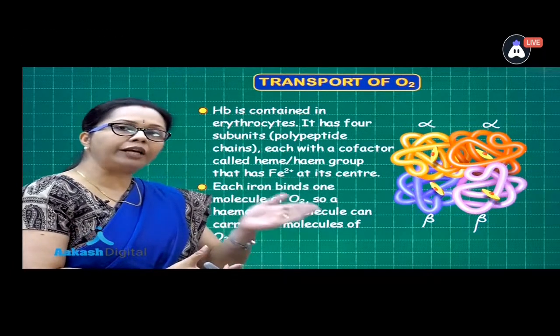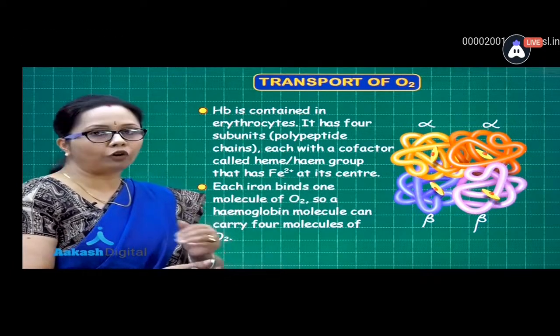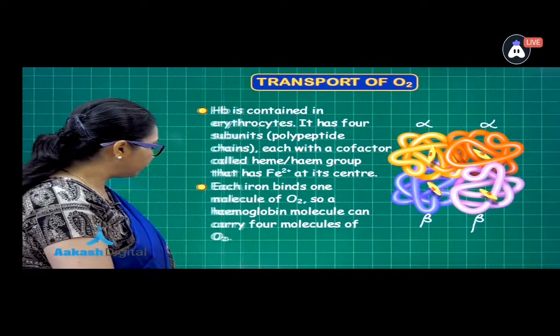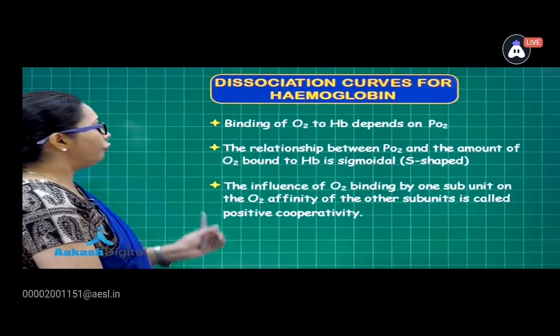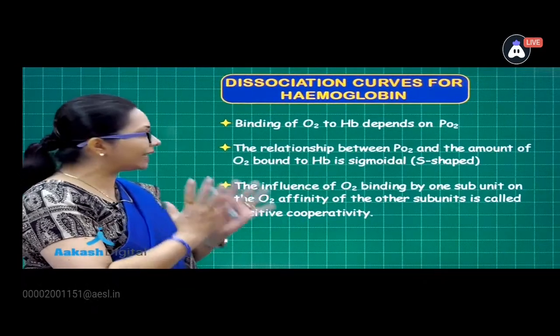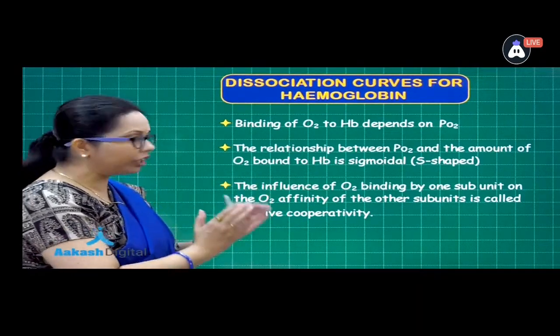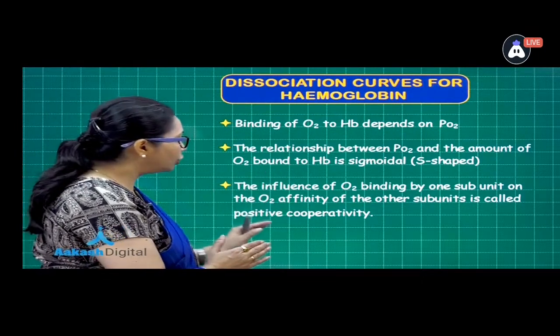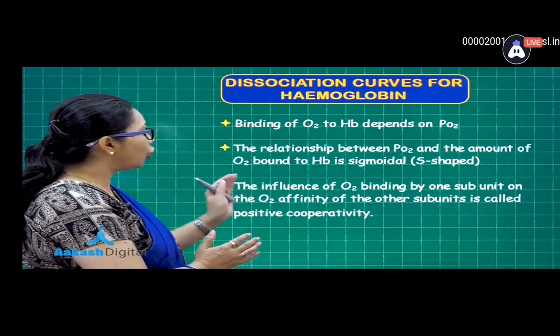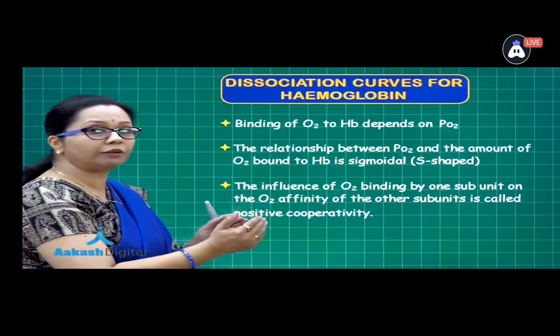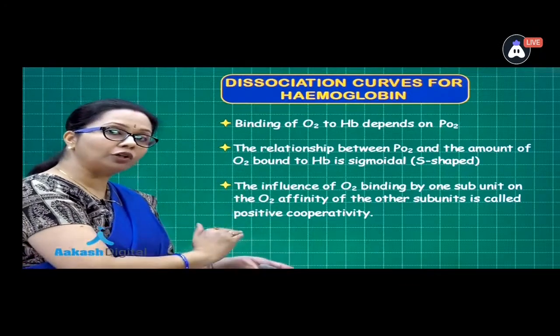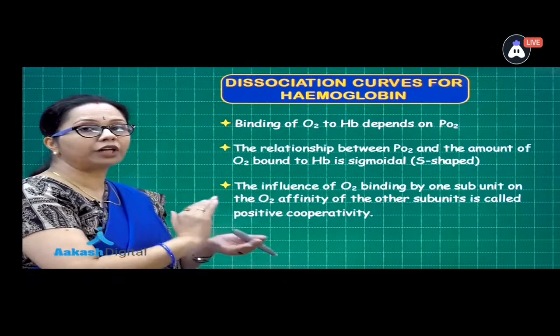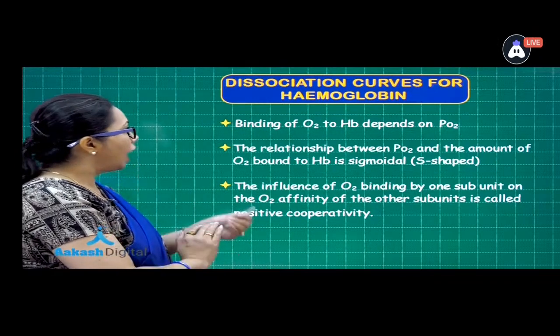So with every binding of oxygen, the affinity for oxygen is increasing. And this kind of influence that O2 is exerting on the various subunits of hemoglobin is called positive cooperativity. That is, the oxygen affinity of the other subunits is affected because of another subunit which has bound to oxygen.